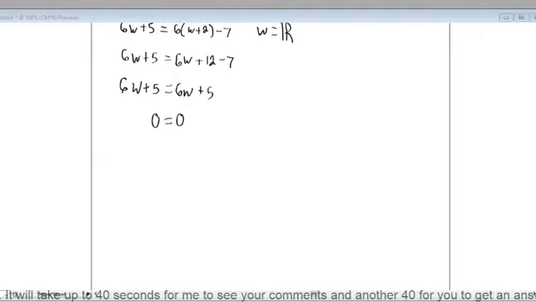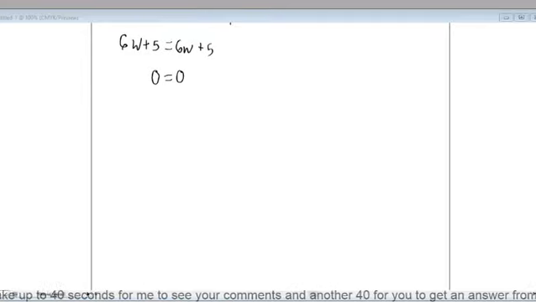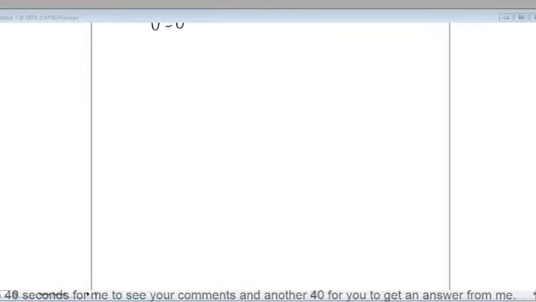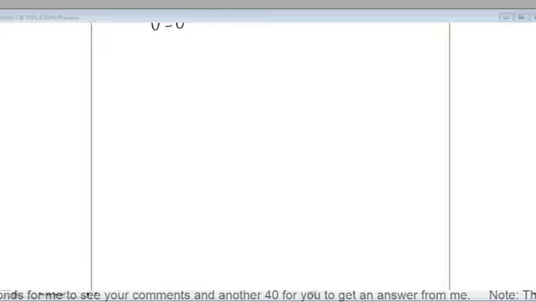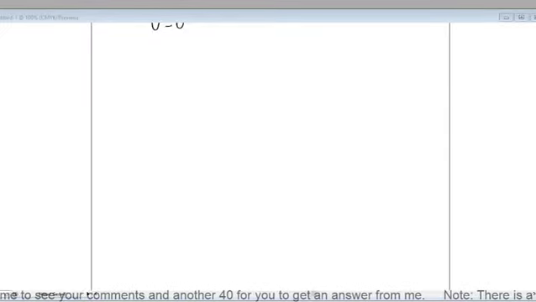Okay. So let's go on to number 3. Number 3, a little bit of a change of pace. Instead of having a linear equation, we have a linear inequality.